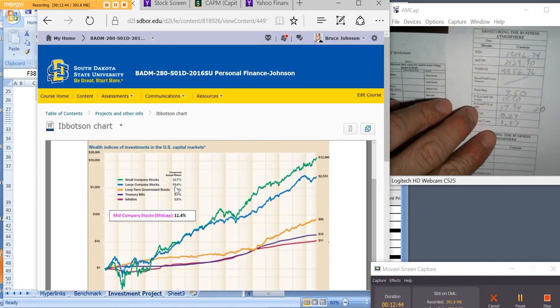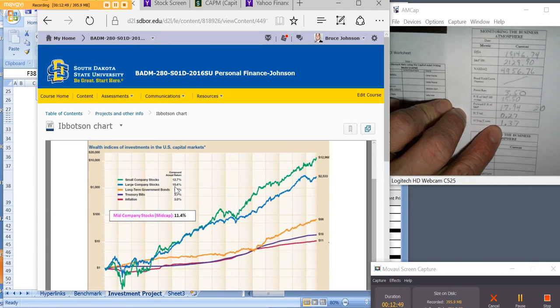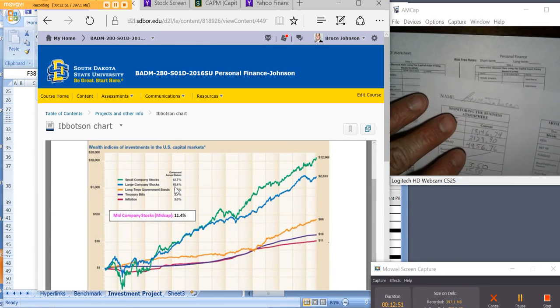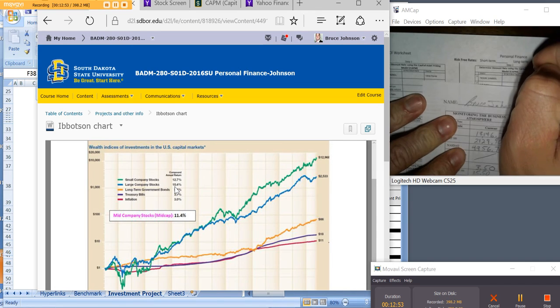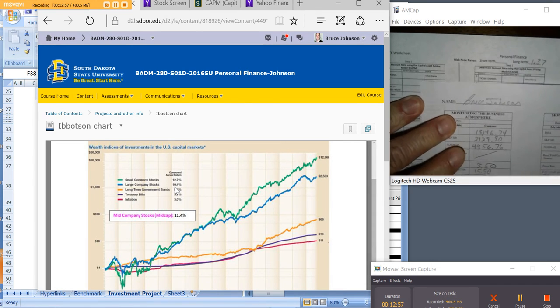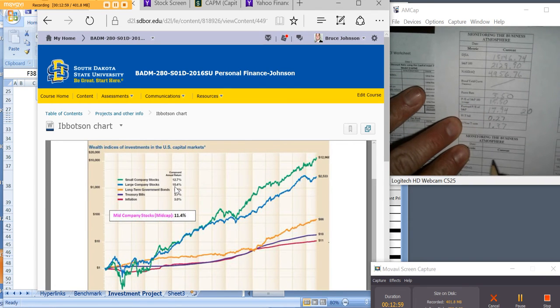Now, when I took this the other day, the long term or 10-year Treasury note was 1.37. So I'm going to write in the long term 1.37. The next number I need is the short term or the 91-day T-bill, and that is 0.27.